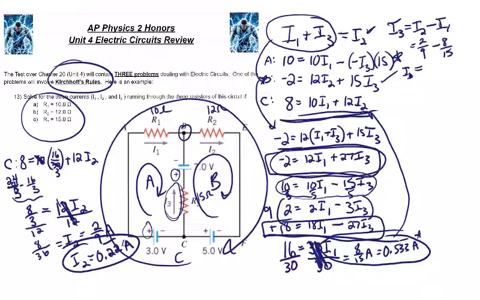Got 2/9 already in here. Let's subtract my other one, which is 8/15. I get negative 14/45 of an amp. Let's go ahead and convert that into a decimal. So negative 0.31 repeating.